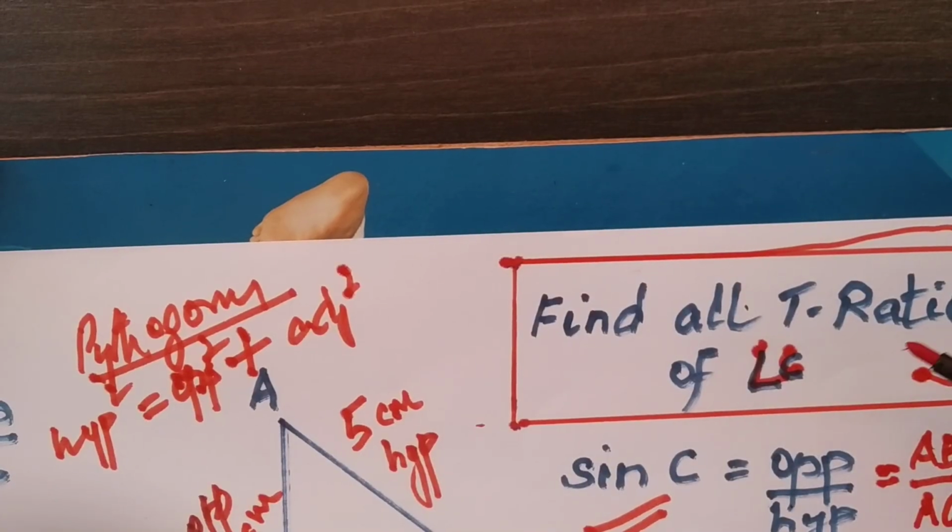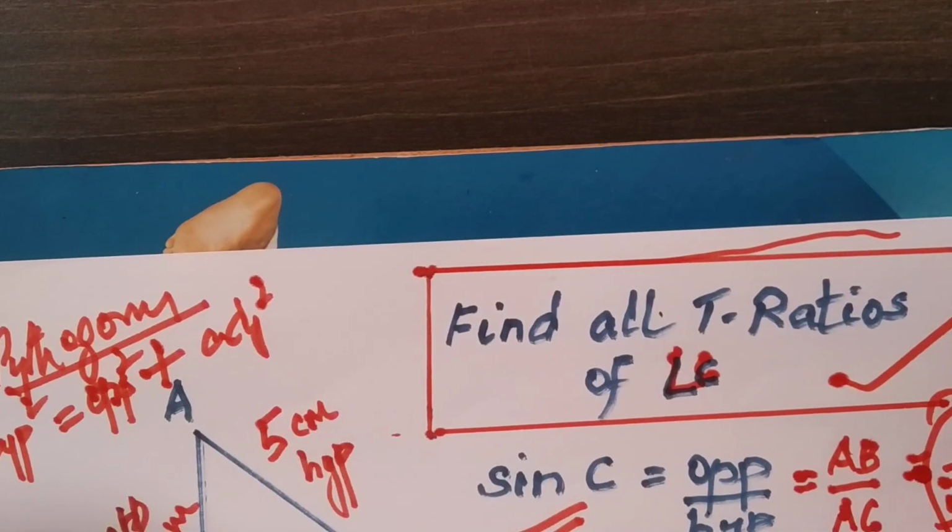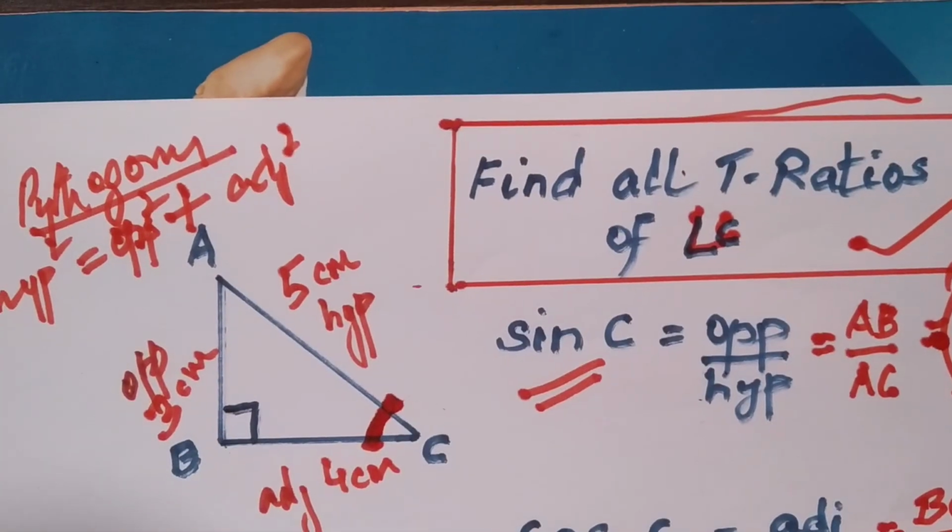So instead of saying all T ratios, they could specifically ask for only 3, sine, cos and tan, and they'll say either for angle C or for angle A or for both. So depending on that, you will have to figure this out, right?